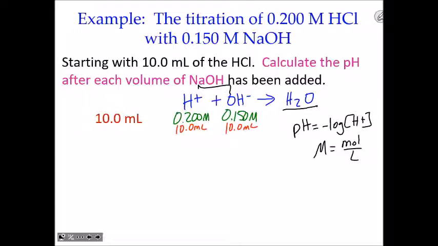So what we need to figure out is how many moles of hydrogen is still around. Since we have 10 milliliters of the acid and we added 10 milliliters of the base, what do we have? We have a new volume of 20 milliliters, so we have to recalculate the molarity at this point. Let's start with the acid.